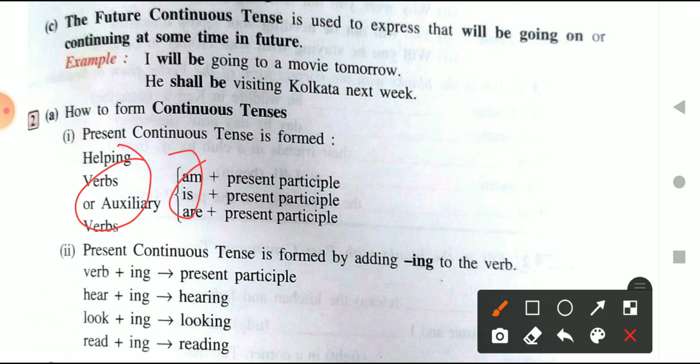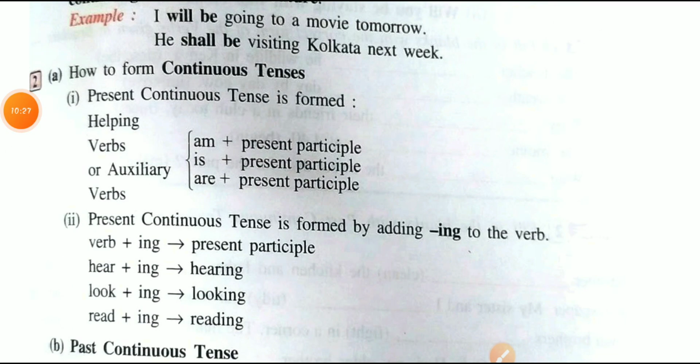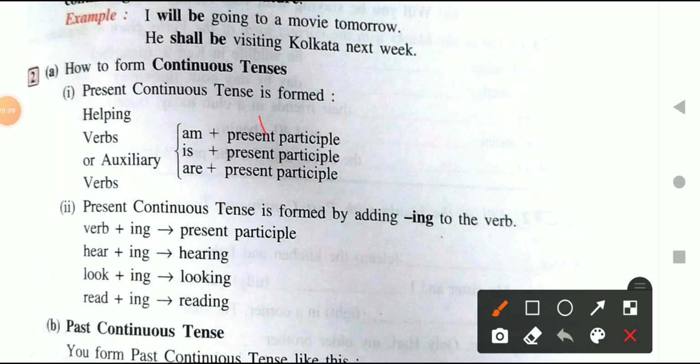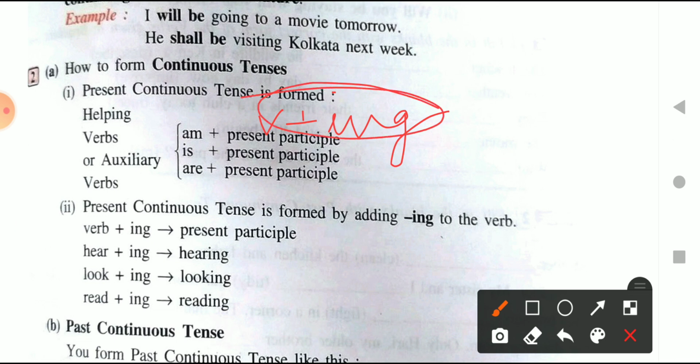With these we use the present participle. Present participle basically means the verb, and with the verb we add ing. So when we add ing to a verb, that is the present participle form of the verb.